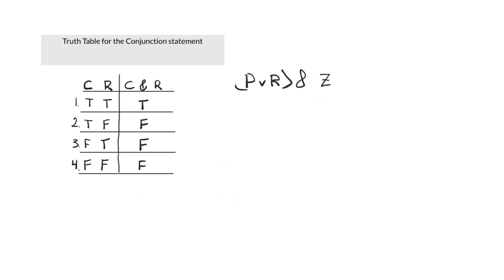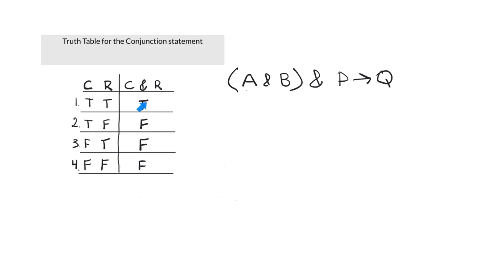Let's look at another example of a more complicated conjunction. Here's another conjunction. This is also a conjunction. The left conjunct is a conjunction, and the right conjunct is a conditional.